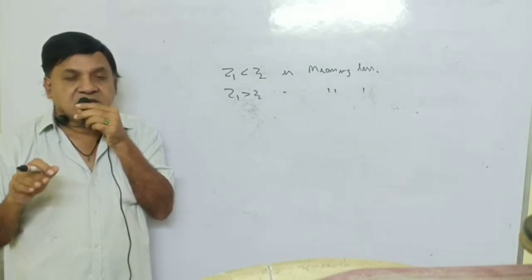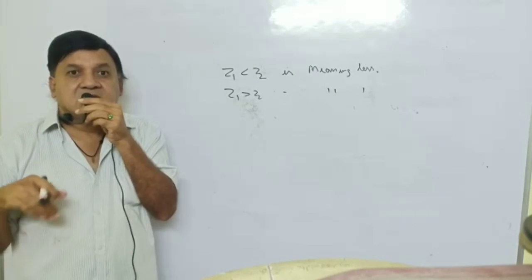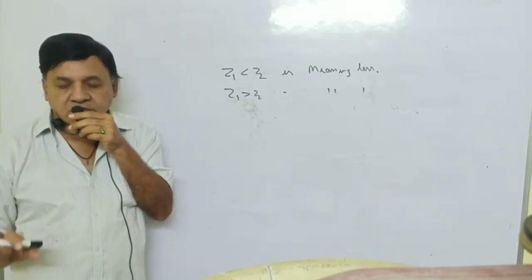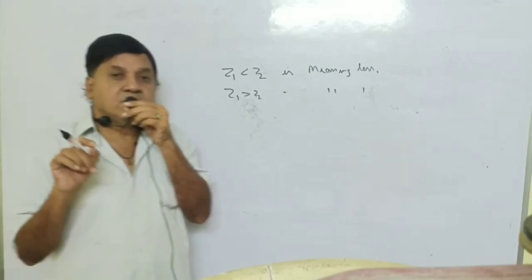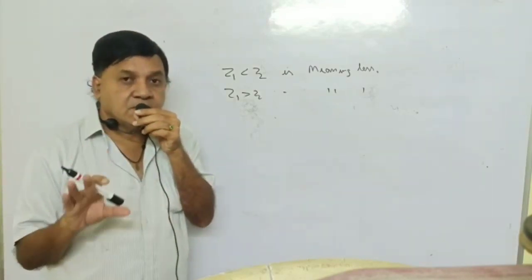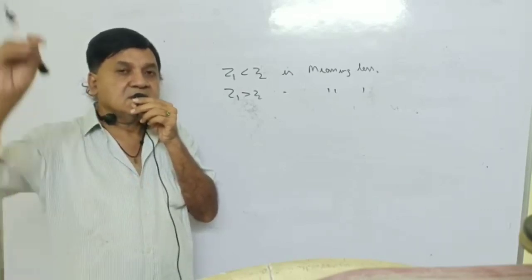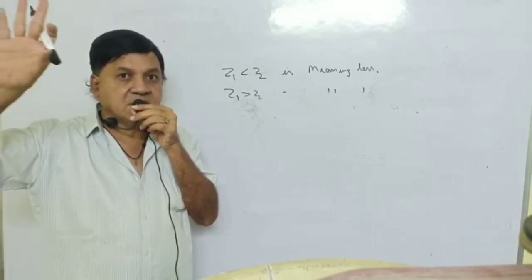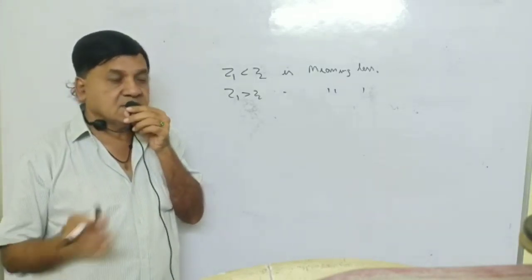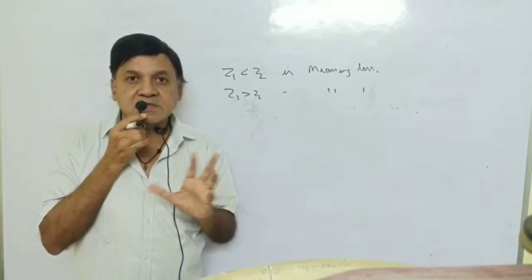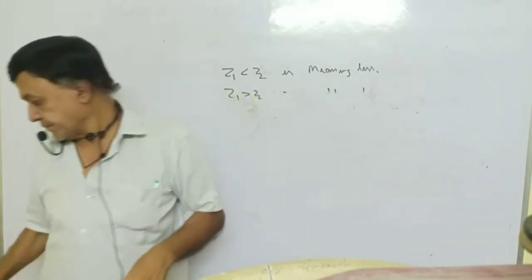Z1 less than Z2 is not meaningful, and Z1 greater than Z2 is also not meaningful, because the set of complex numbers forms a non-ordered field. In the case of an ordered field, you can compare, as you have seen with real numbers. In the case of complex numbers, two complex numbers can never be compared.